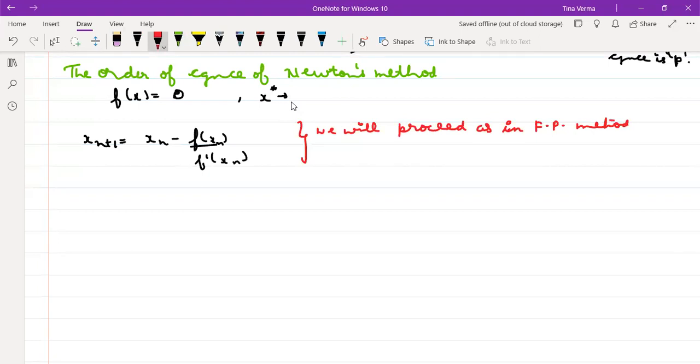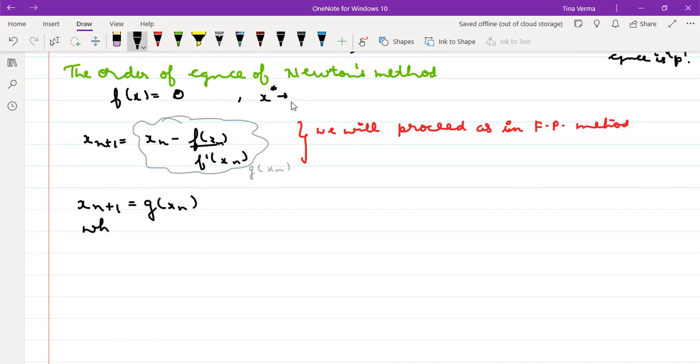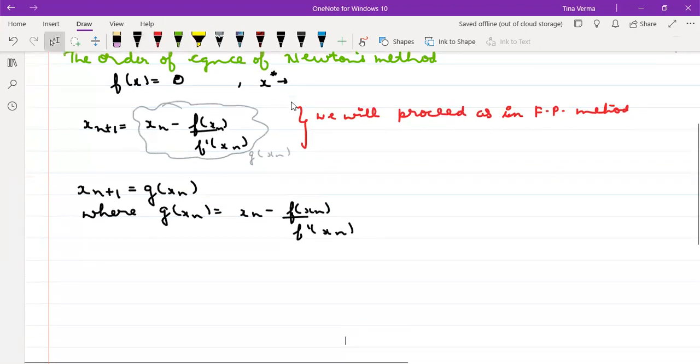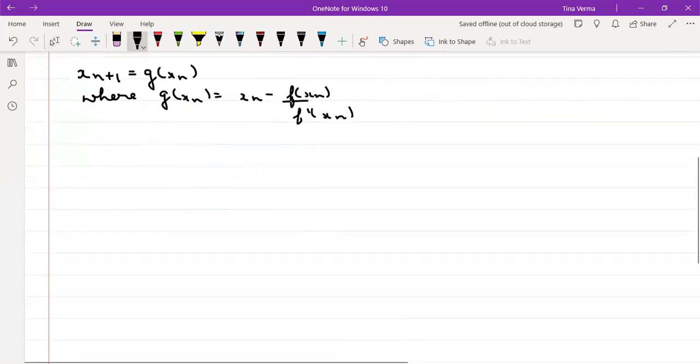I can consider x n plus 1 as g of x n, so that my formula becomes x n plus 1 is equal to g of x n, where g of x n is x n minus f of x n divided by f dash x n, right? Now this is my g of x n. So I can regard this as g of x is nothing but x minus f of x divided by f dash x.